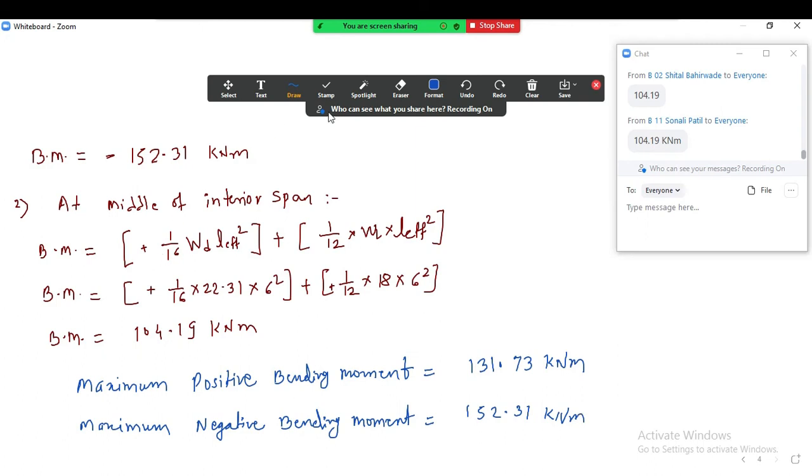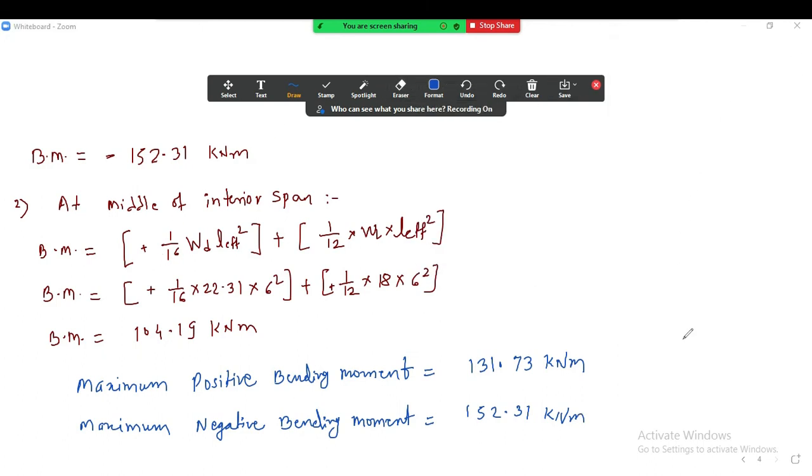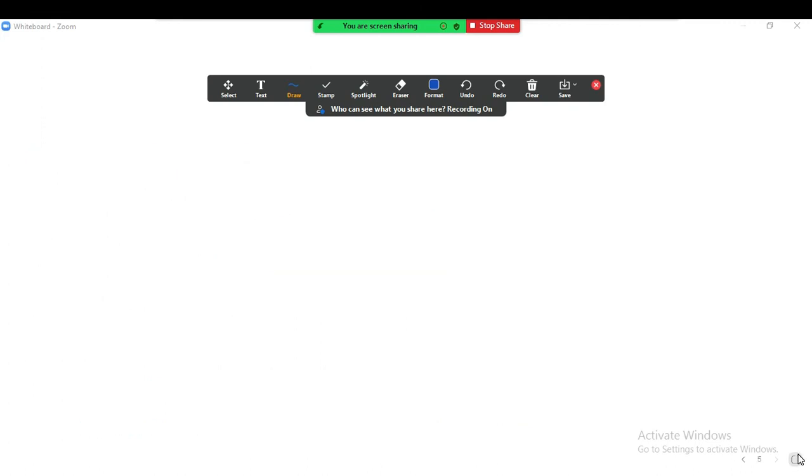So the next step is, after the calculation of bending moment, the check for depth. How do we do the check for depth? Equate the bending moment to the moment of resistance.